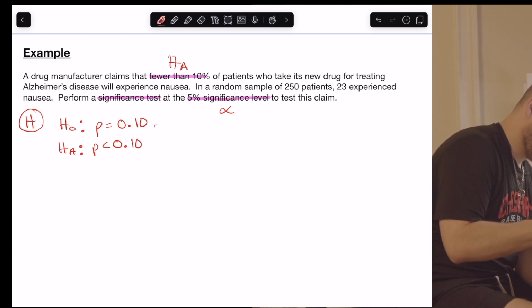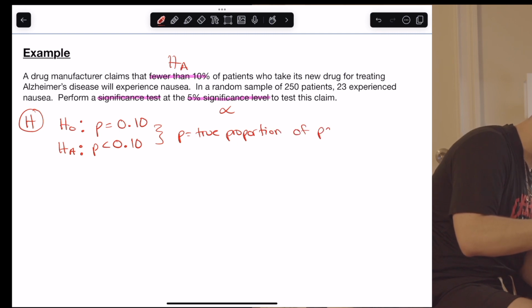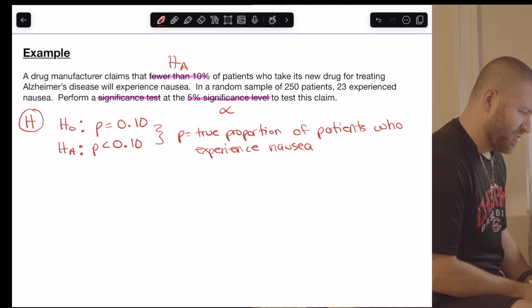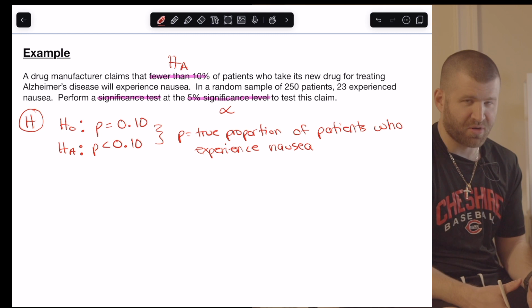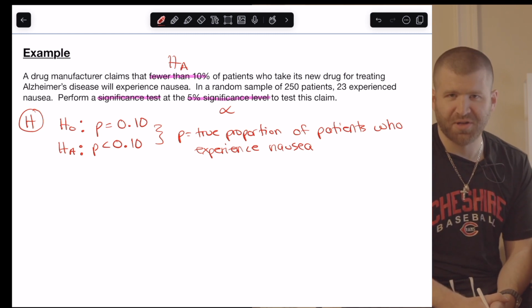It is still important here to define your parameter, where p is the true proportion of patients who experience nausea. Now, obviously, if we wanted to be super specific to the problem, it would be the true proportion of patients who take this new drug for treating Alzheimer's disease from this manufacturer who experience nausea, but I'm not going to expect you to write all of that craziness out.